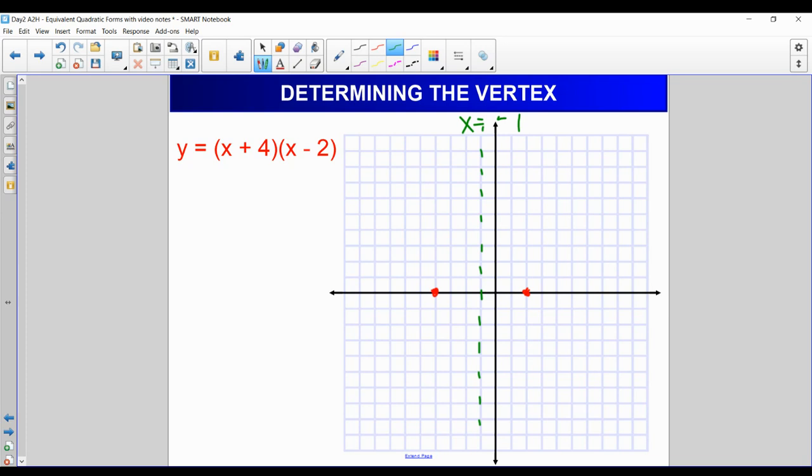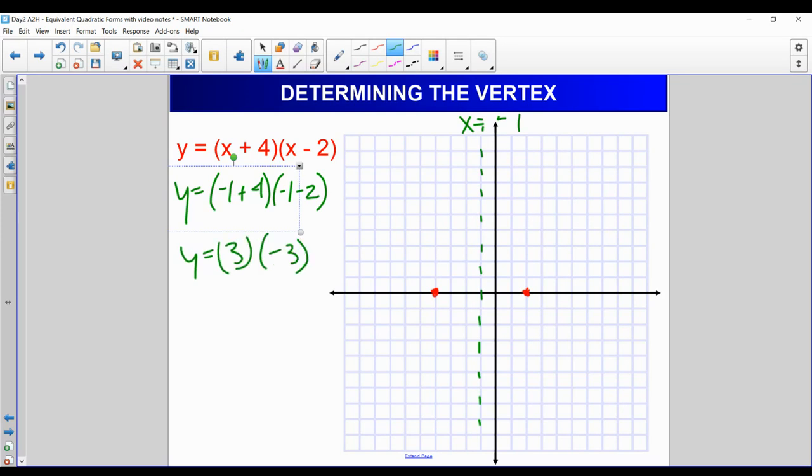What you should have found in your exploration is that if I plug that in and say -1 for all my x's, I'm going to get that y equals 3 times -3, which is -9. So then I would be able to plot that point right there.